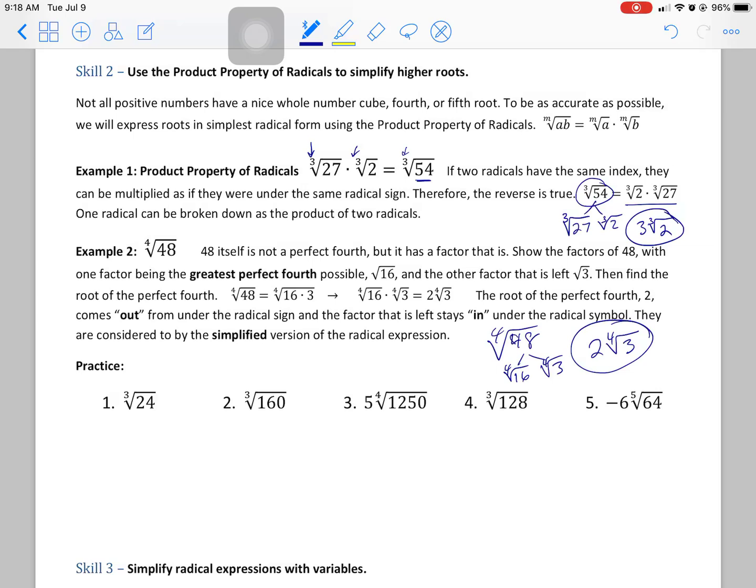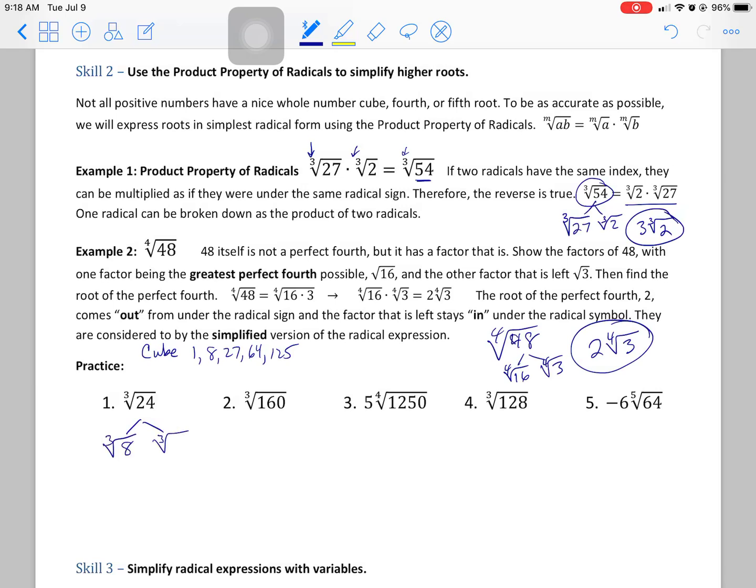Okay, so let's try some of these. We've got cube root of 24. There's not very many. Think about it. Let's again write them down over and over again until you know them. So cube roots: 1, 8, 27, 64, 125. So the only thing you can try is an 8, right?